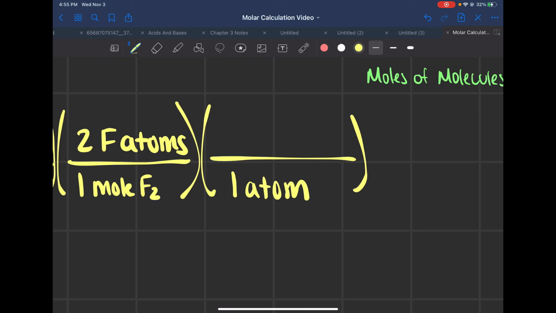how many protons does 1 fluorine atom have? Go to the periodic table again and check it out. All right. If you got 9, you are correct. So 9 protons. All right.